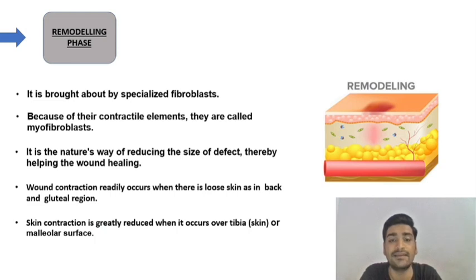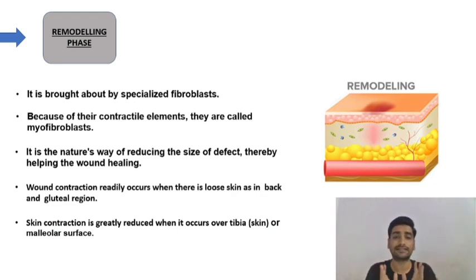Fibroblasts are the main agent which are going to play the role in the remodeling phase, right? Because of their contractile elements. Now these fibroblasts have some specialized contractile elements which we call myofibroblasts. Myo stands for muscle.